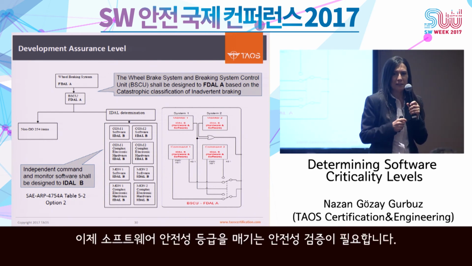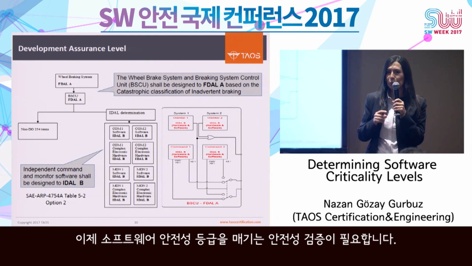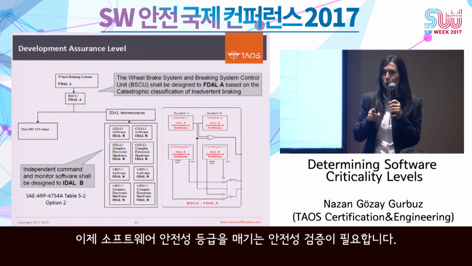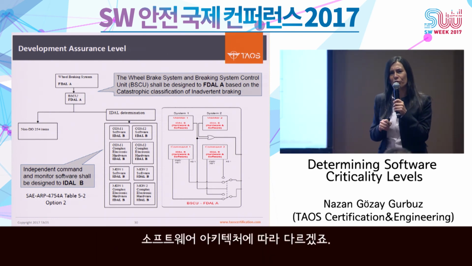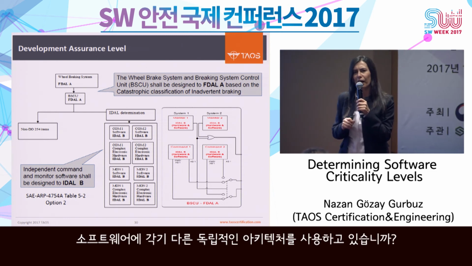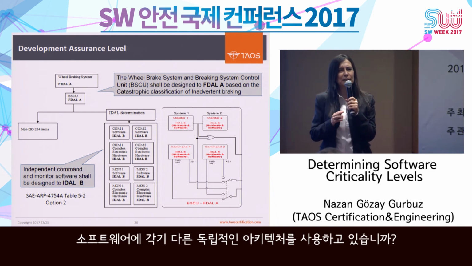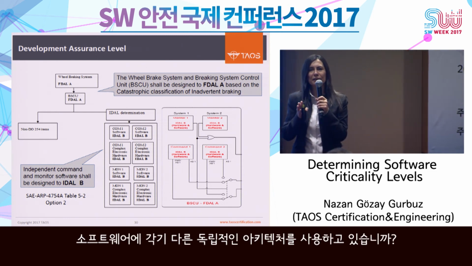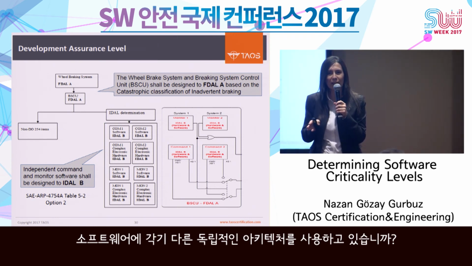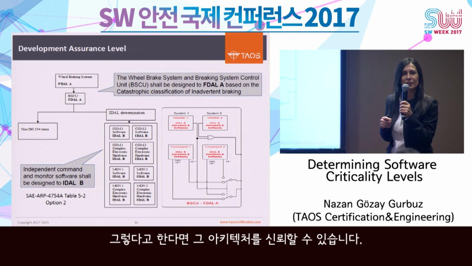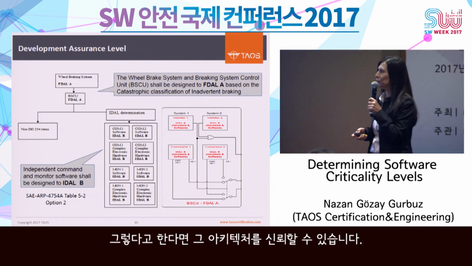Now, it's the safety process's responsibility to assign the software assurance level. And it depends on the software architecture. Are we using a dissimilar, different architecture, an independence architecture in our software? If yes, we can get credit from that architecture.